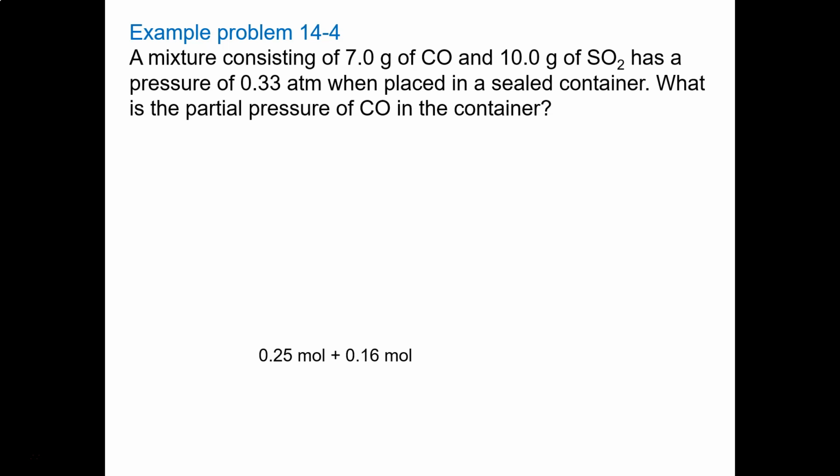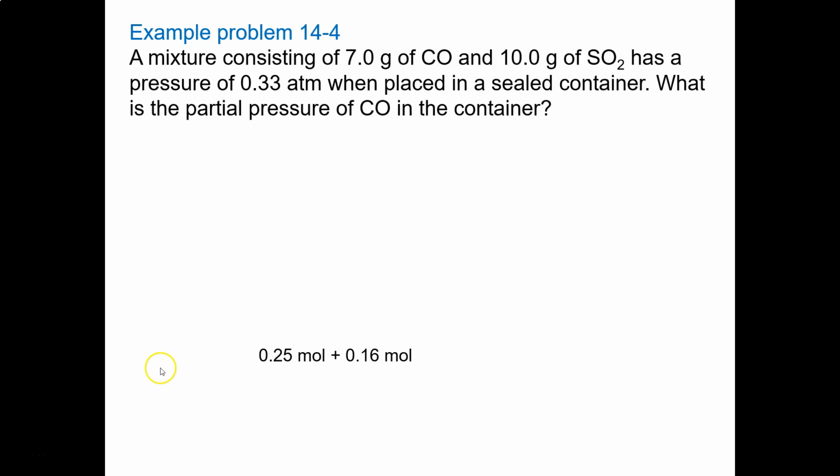So here I was given a mixture consisting of 7 grams of carbon monoxide and 10 grams of SO2. And this mixture has a pressure of 0.33 atm when placed in a sealed container. What is the partial pressure of carbon monoxide in this container?